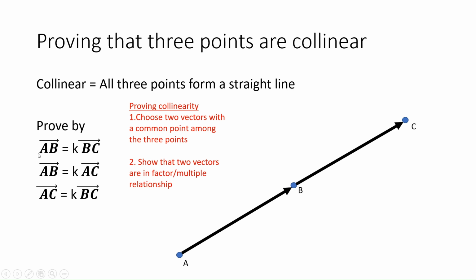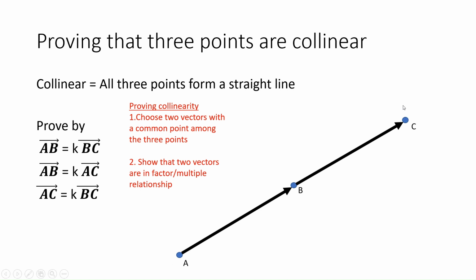So if I can prove that AB is equal to k BC, where k is just a number, it could be 3, it could be 2, it could be 1/3, it could be 1/4, as long as it's a number, a multiple. So basically, AB and BC are in a vector multiple relationship. As long as I can prove this, then I can show that A, B, and C lie on a straight line, or that they are collinear.